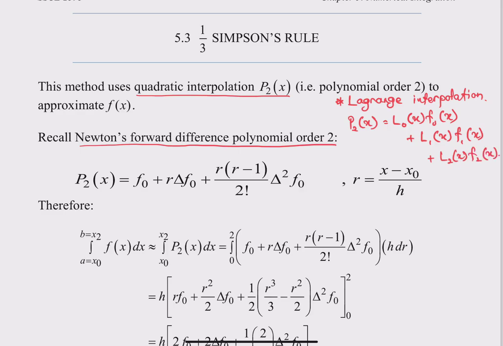And then after that you need to find what are L0, L1 and also L2.